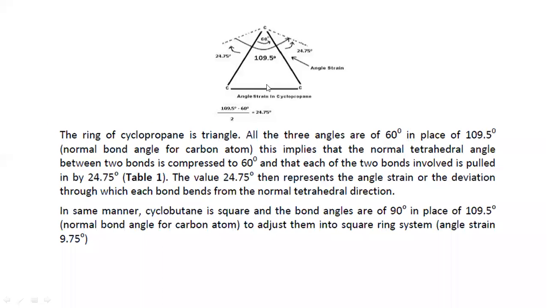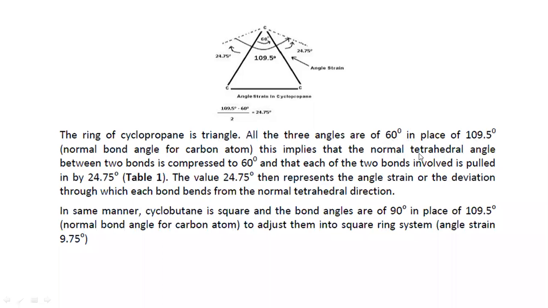And these are all postulates given by Bayer. So this theory is known as Bayer strain theory. The ring of cyclopropane is in triangle shape. All three angles are going to have the bond angle 60 degrees in spite of the tetrahedral bond angle 109.5 degrees, the normal bond angle for a carbon atom.